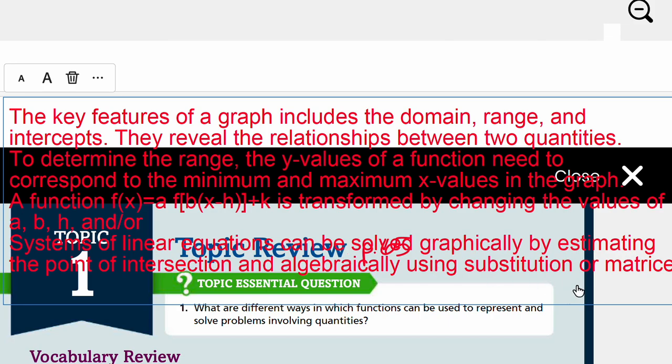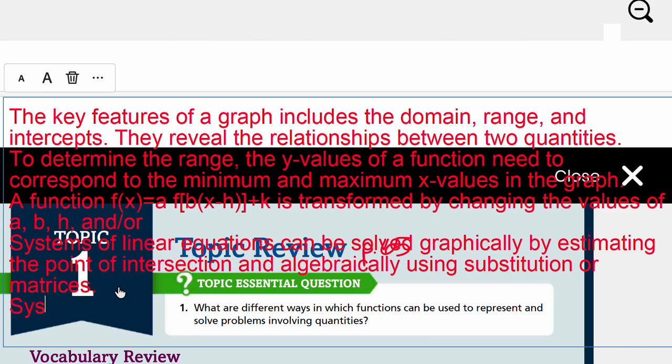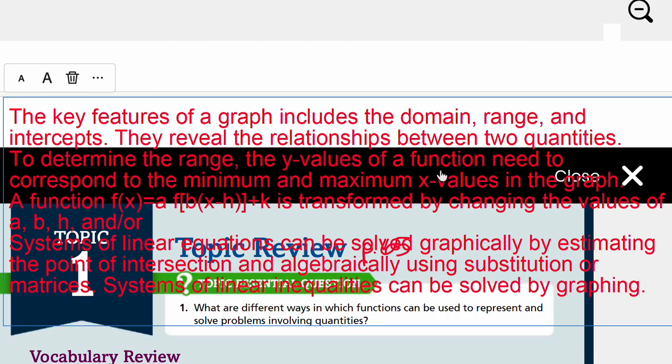We talked about this. We learned how to use these methods. And then systems of linear inequalities can be solved by graphing. Let me put this with the last sentence.